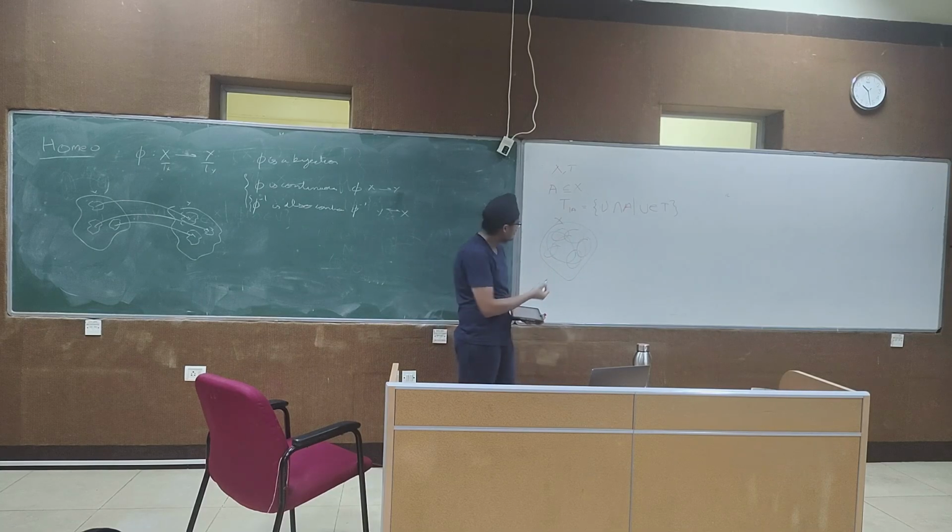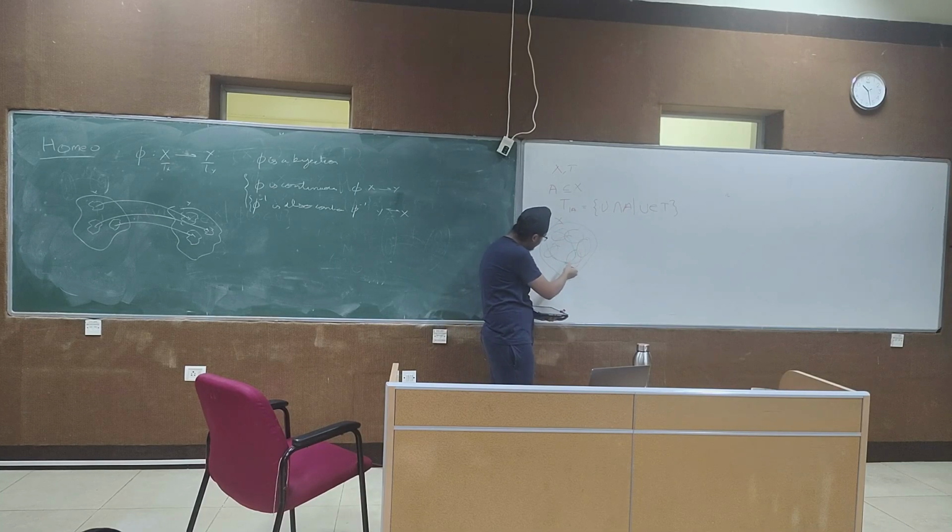So what you do, you just take the intersection of this set with all the open sets. So this becomes a new open set, this becomes a new open set, something like that.